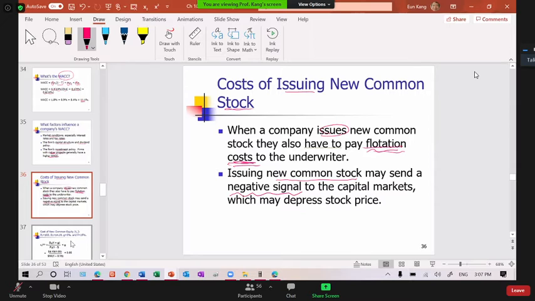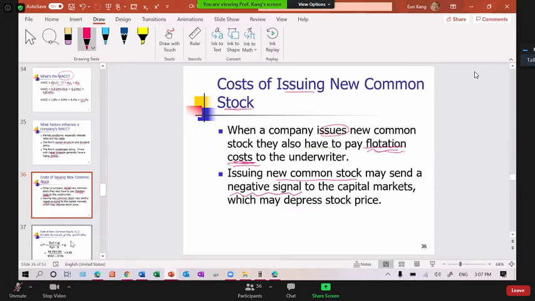Or like you're underwater almost? Actually, the fact that you need money is not a negative signal because you may need money because you have lots of good projects, right? Like a growing company, they need a lot of money. So that by itself is not a negative signal.